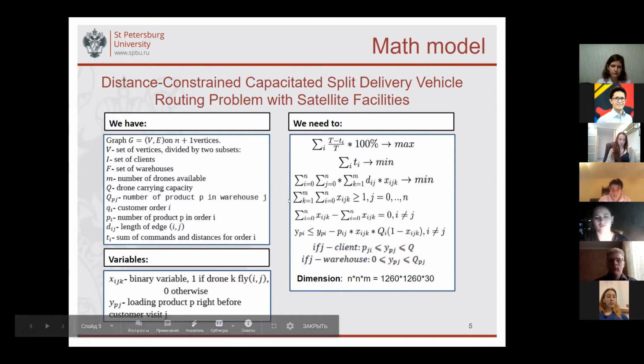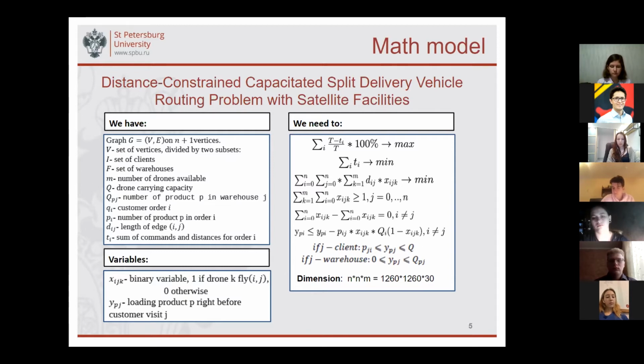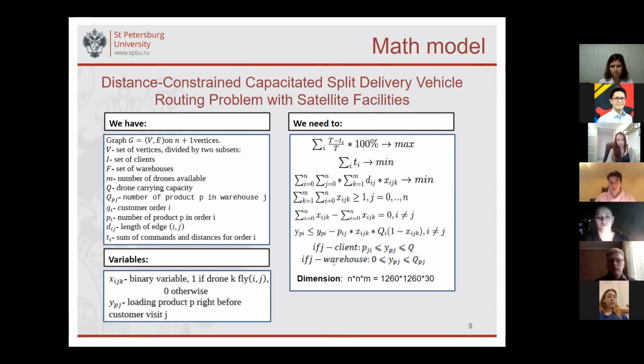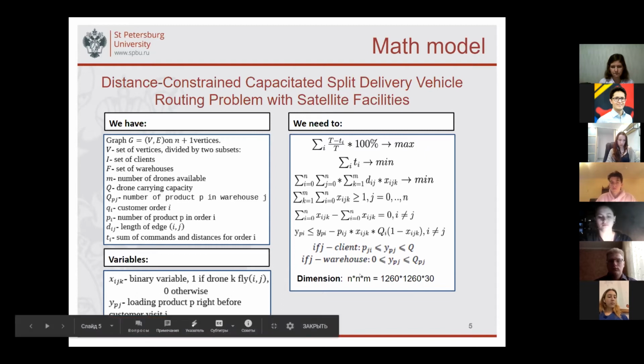We have this target function under conditions. First, it is guaranteed that every client is visited by at least one drone. The next one, the number of arrivals in vertices equals the number of departures. And the last one, it is a loading drone before arriving at the vertices. Then we define the dimension as the number of vertices in the graph multiplied by the number of drones.